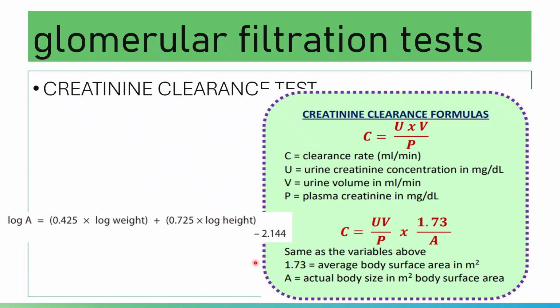And then, of course, you subtract 2.144 here to get the log A. Then you need to do the anti-log to get the surface area. That is your formulas in creatinine clearance.